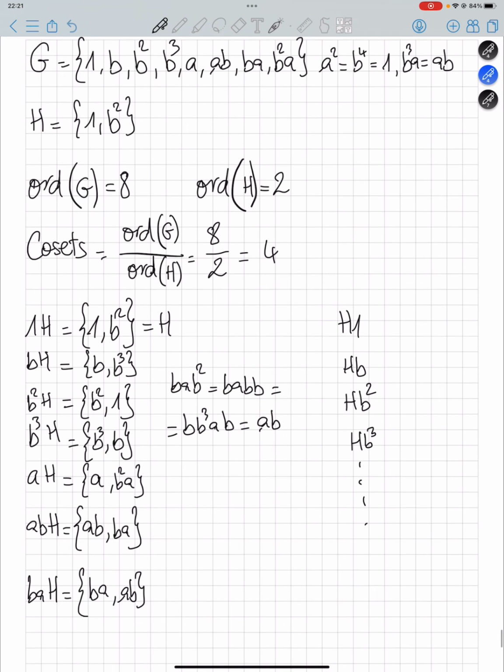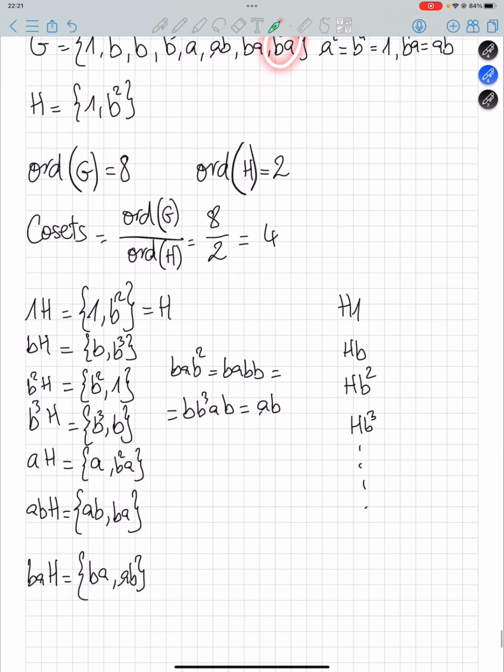Now the last element is B square A, right?